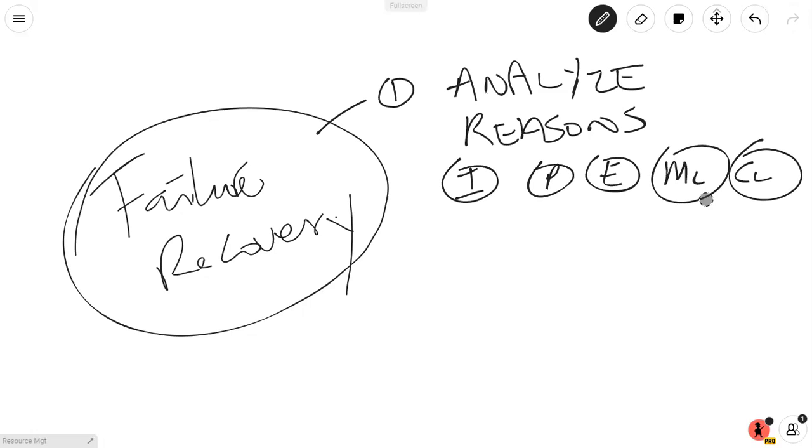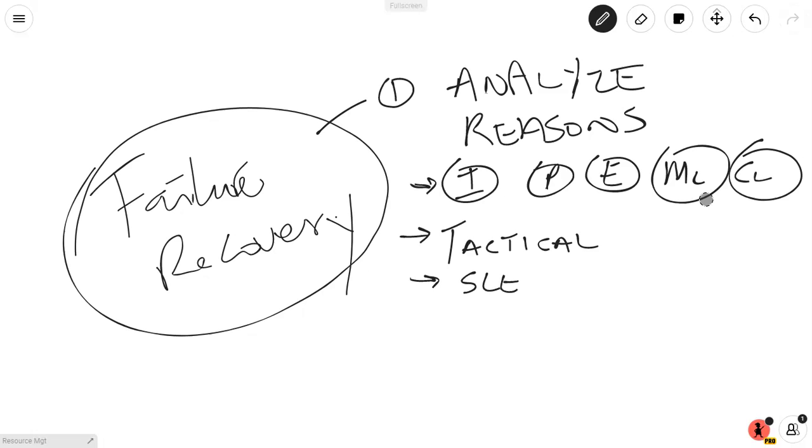Okay. So you analyze the reasons from a process group perspective, but you also want to analyze the reasons from a tactical perspective. How did you approach the exam? Perhaps you approached the exam the wrong way. Are there any final things that you did incorrectly?